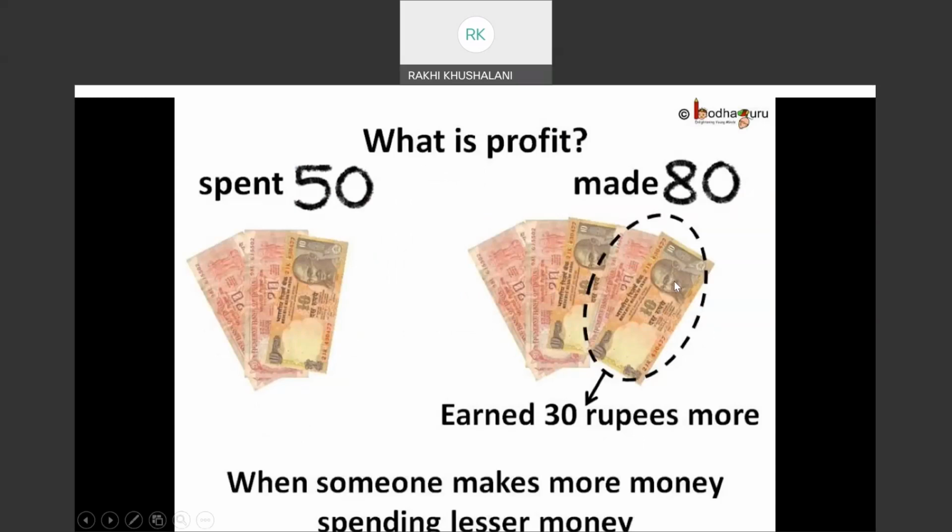I spent 50, I made 80, so the 50 I have already spent on that particular product, so my earned money is 30 rupees. So when someone makes more money spending lesser money, that is what is called profit.